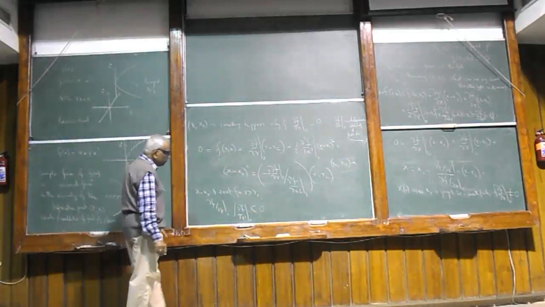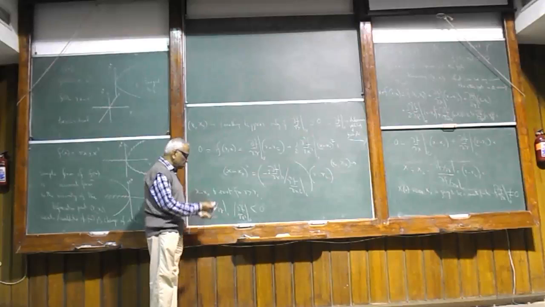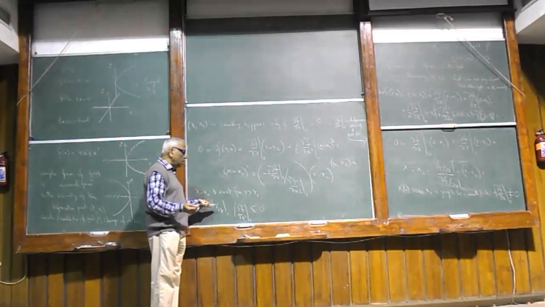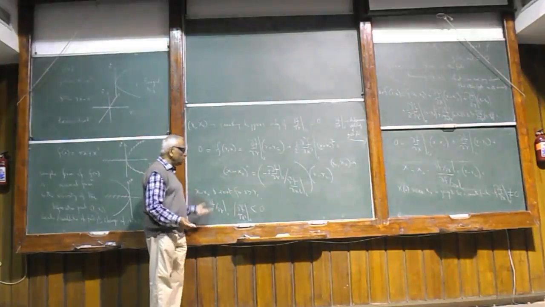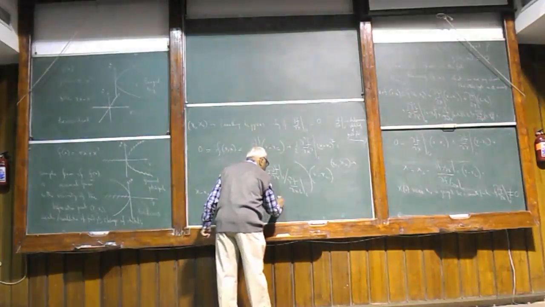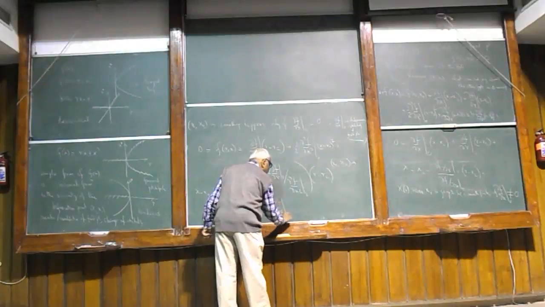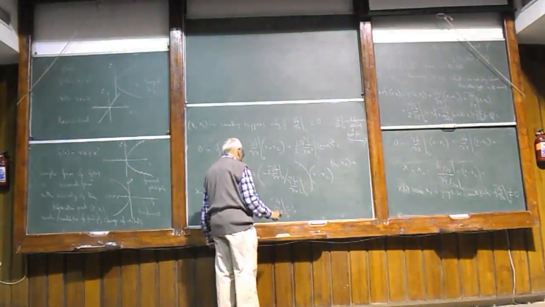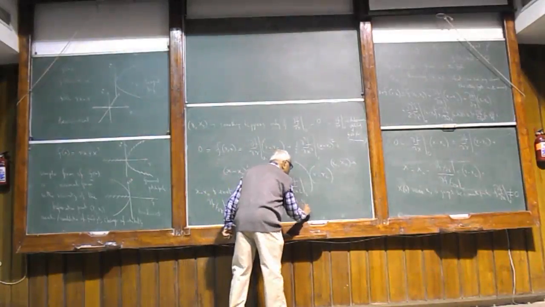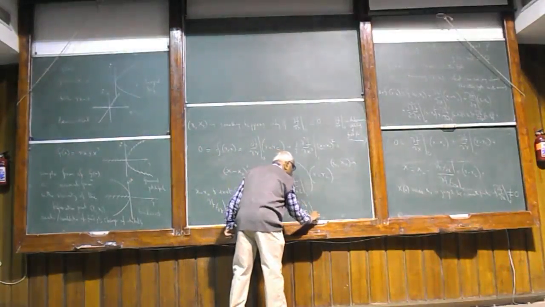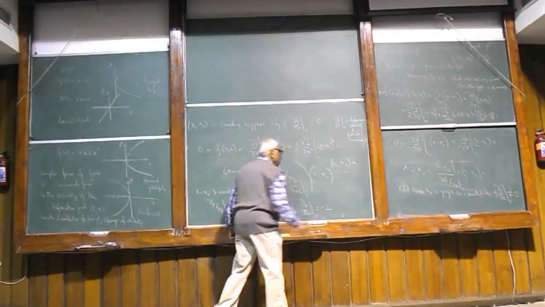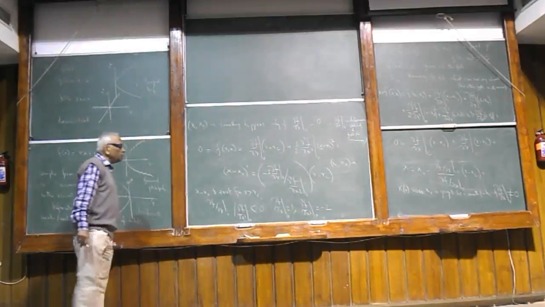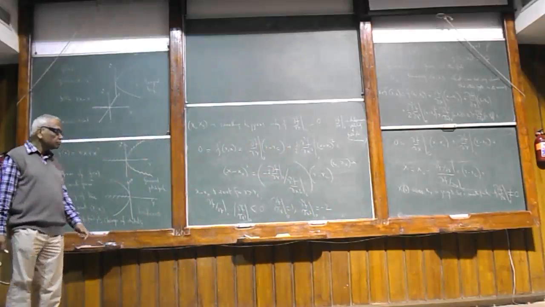So this quantity has to be negative for R greater than Rc. So you can just go ahead and fix values for this. What one typically does is set del f del R at 0 equal to 1, del 2 f del x squared at 0 equal to minus 2.